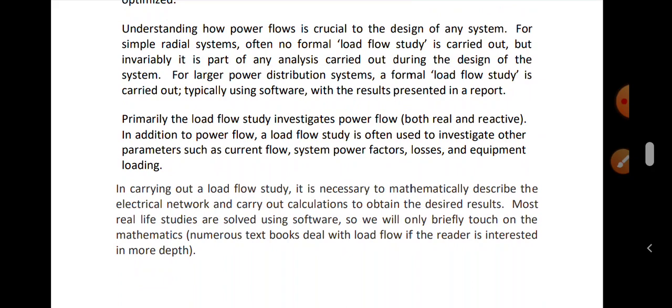Mostly we can say that iterative techniques are used to solve these load flow equations, and when we get a desired result within a desired limit, that will be the actual solution of the power system components.